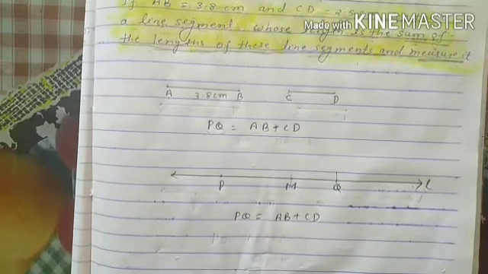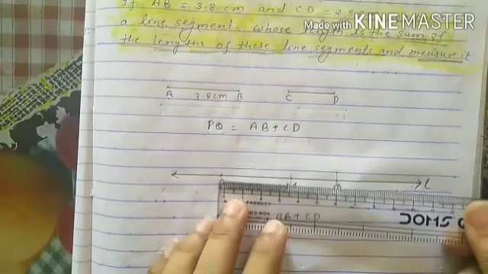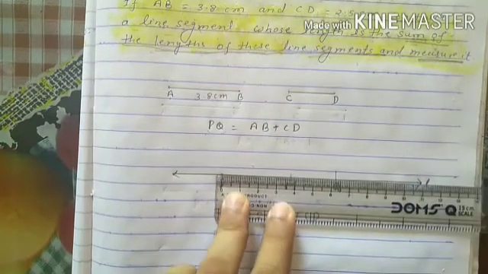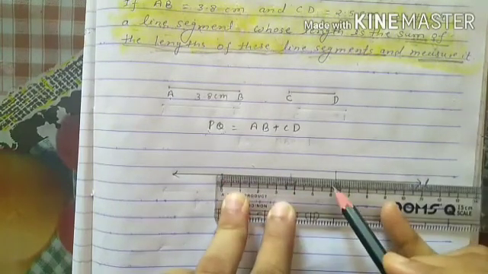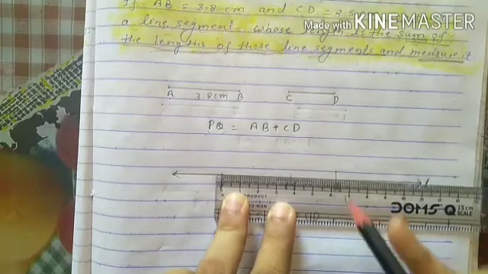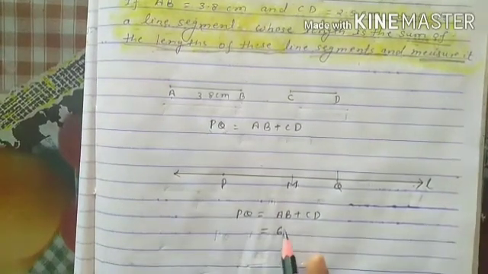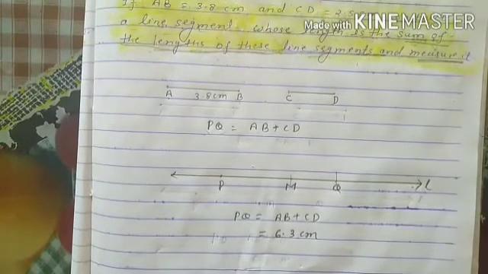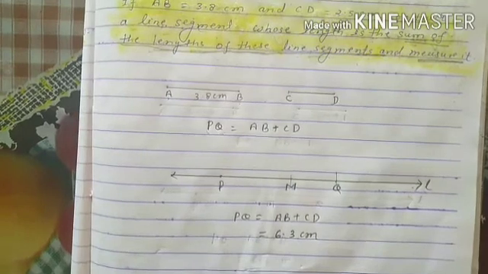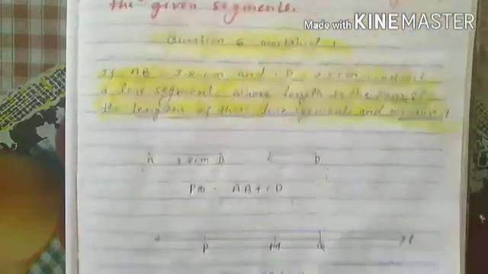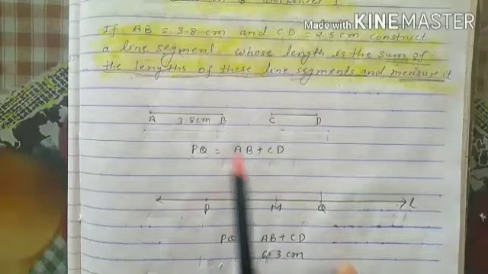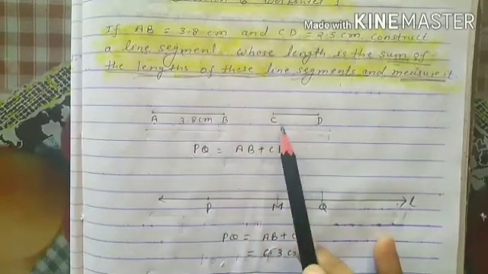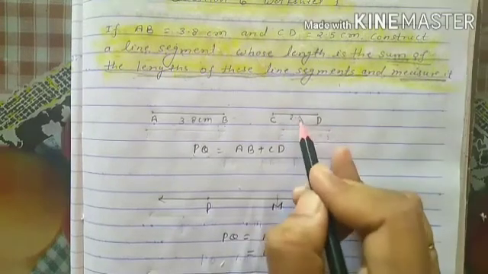Now let us measure this line segment. See, 6.0, 6.1, 6.2, 6.3. So what is the measurement of this line segment? 6.3 centimeter. Understood this? For this, draw line segment AB equal to 3.8 and CD equal to 2.5 centimeter.